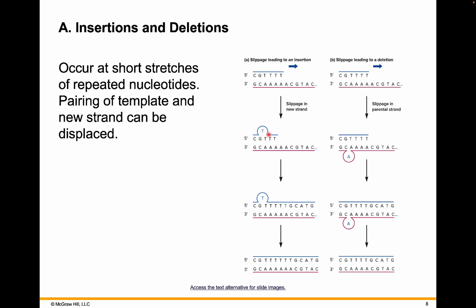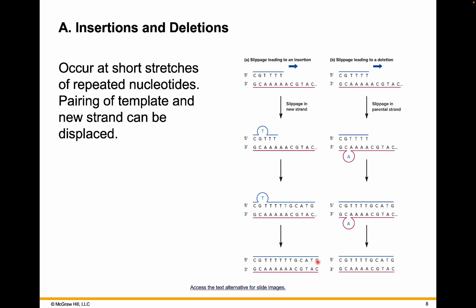This T is now a loop staying outside, and now an extra T will be added right here. So because this T was originally in there, now you have an insertion. And this will be the DNA strand essentially.